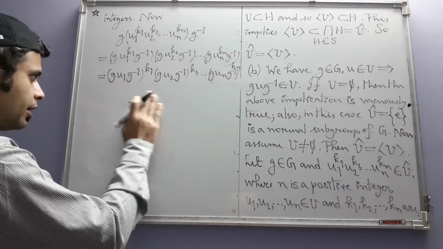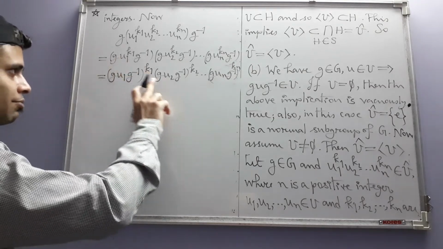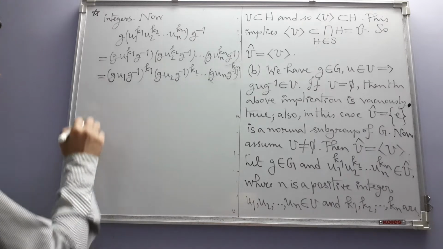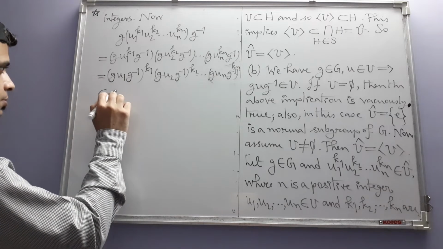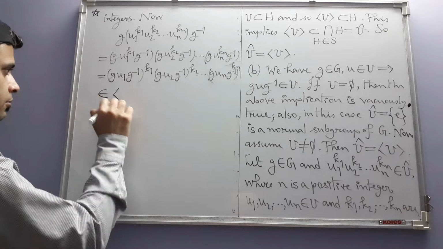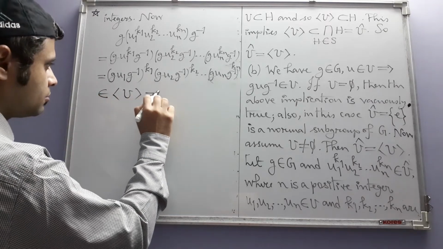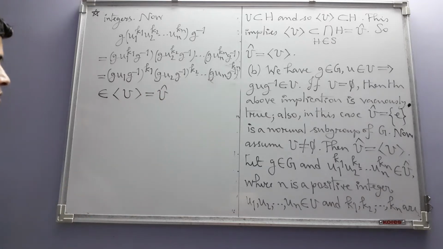With the help of that result, we have been able to write the product like this, and this now belongs to this. Why?